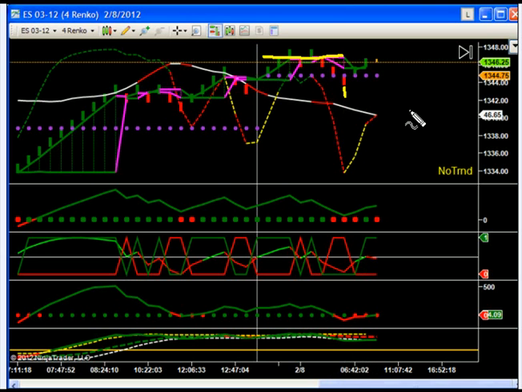And usually there are a lot more bars formed overnight, so I got the feeling right away that 4 Renko would not be good today, so I switched to 2 Renko.